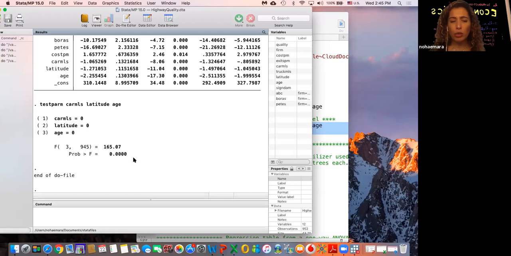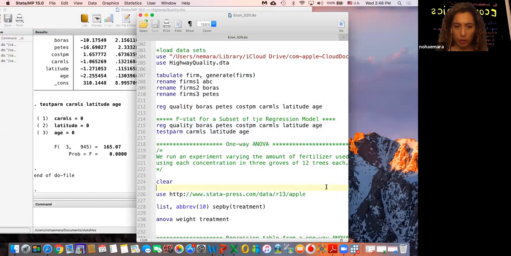It's also easier to look at the probability. There is a 0 probability that the 3 coefficients are equal to 0. So you would reject the null hypothesis and conclude that the 3 coefficients are jointly statistically significant. Okay, all right. These are kind of straightforward.